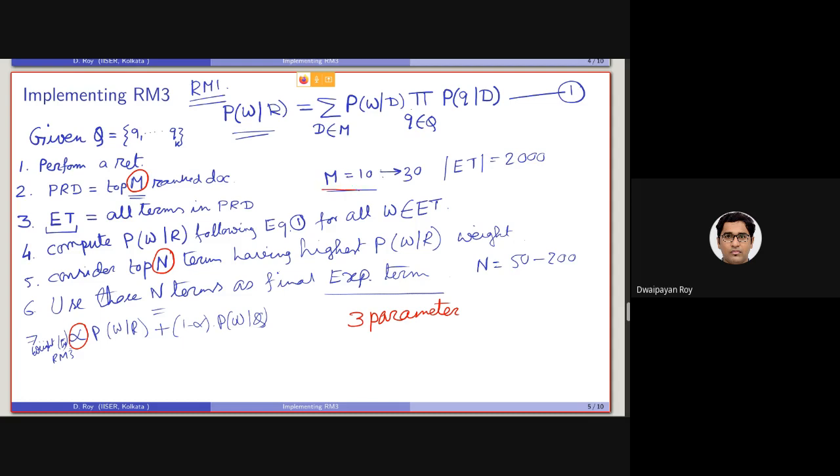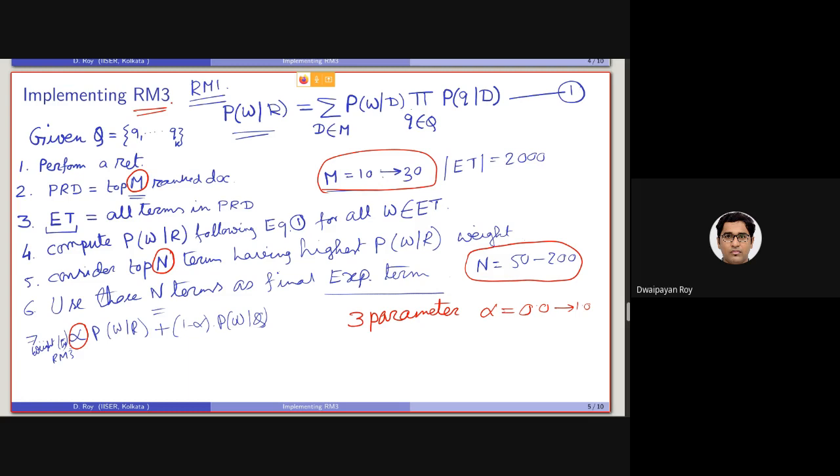So the range in which m is varied is this, the range in which n is varied is this. So basically in this range, mostly the optimal value of n or m will be observed. And for alpha, the range is basically 0 to 1, mostly 0.1 to 0.9. These are the three parameters that are there in this RM3 model.